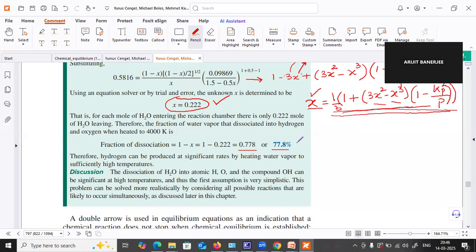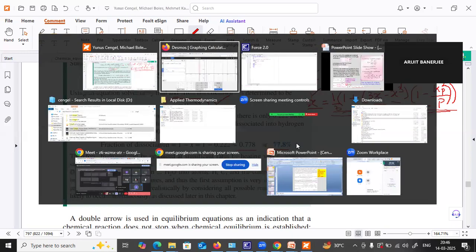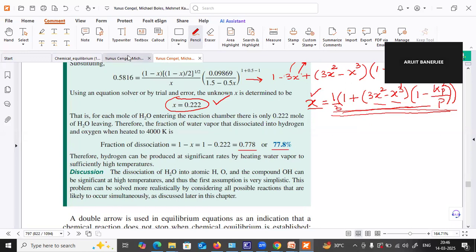Okay. Now I will give you one task. I will send you this FORTRAN code. You will get Force 2.0 from the internet. You will download it and install it and run this code for different values of the equilibrium constant. That means at different temperatures.